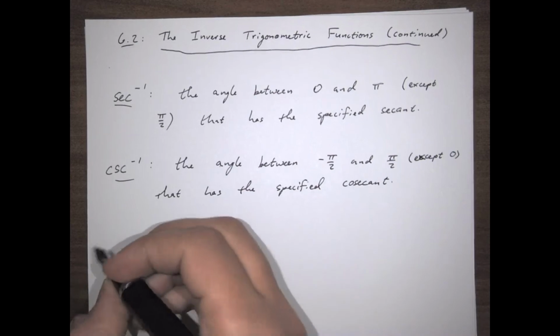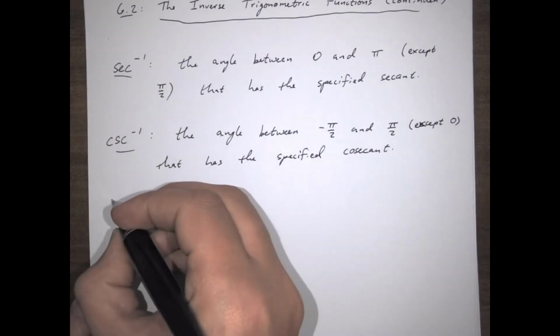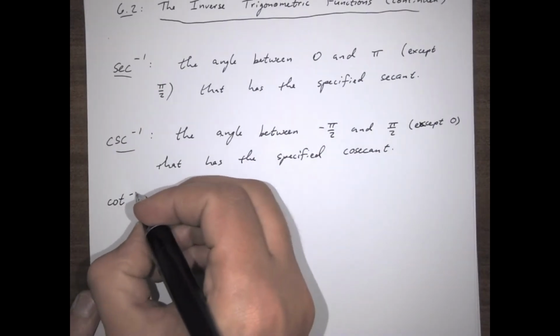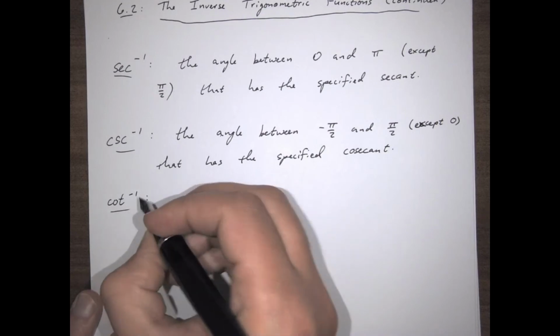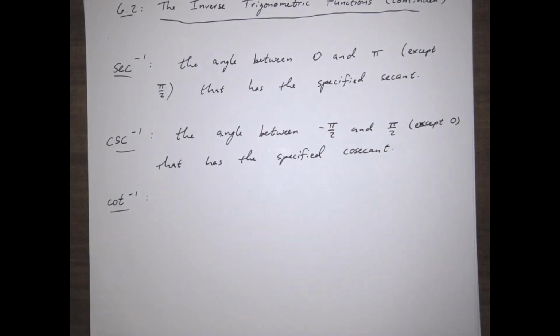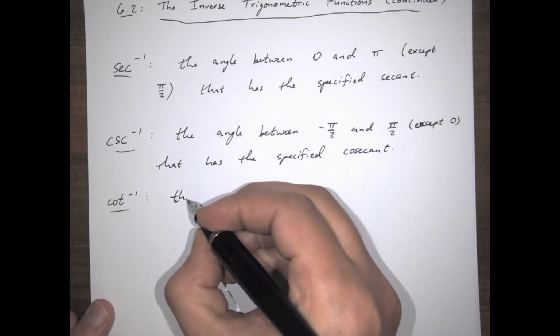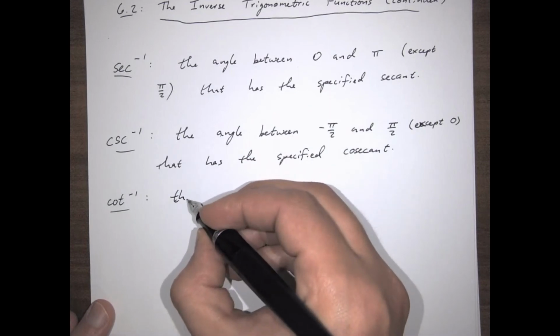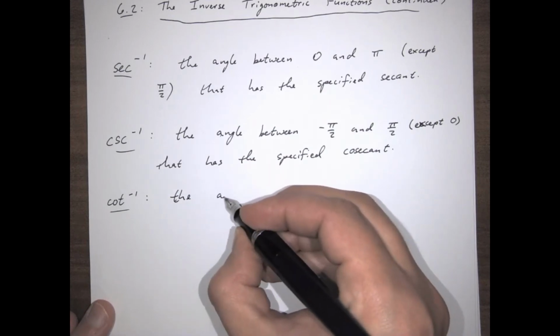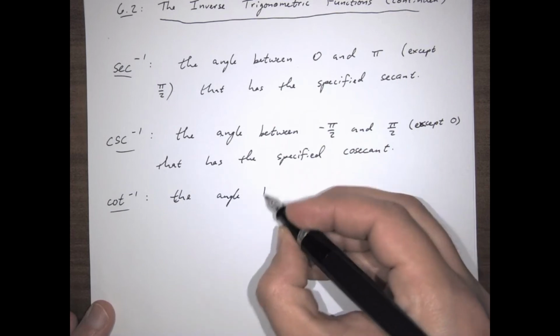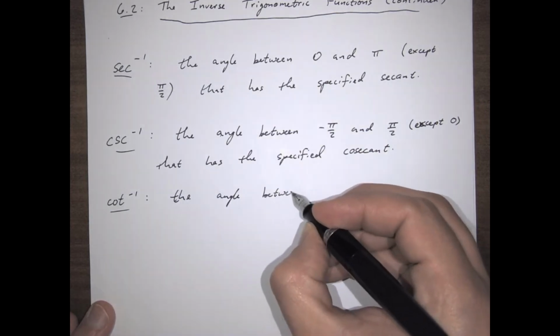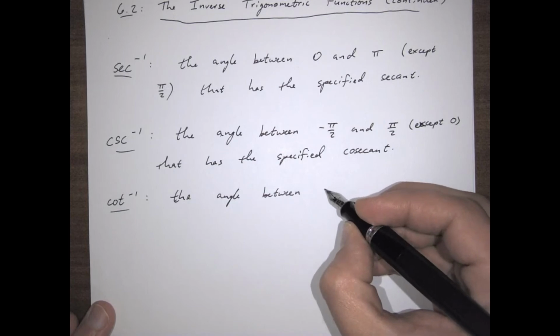And then most importantly, for cotangent, if you can imagine what the inverse function to cotangent would be like. The only question is, what will its range be? And here, this one is the only one that's really different from its parent function. This is the angle between, and here it is 0 and pi.